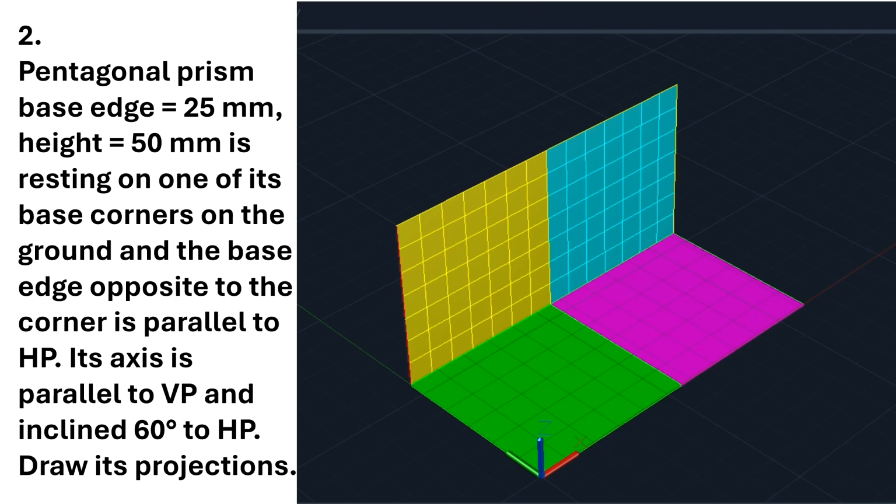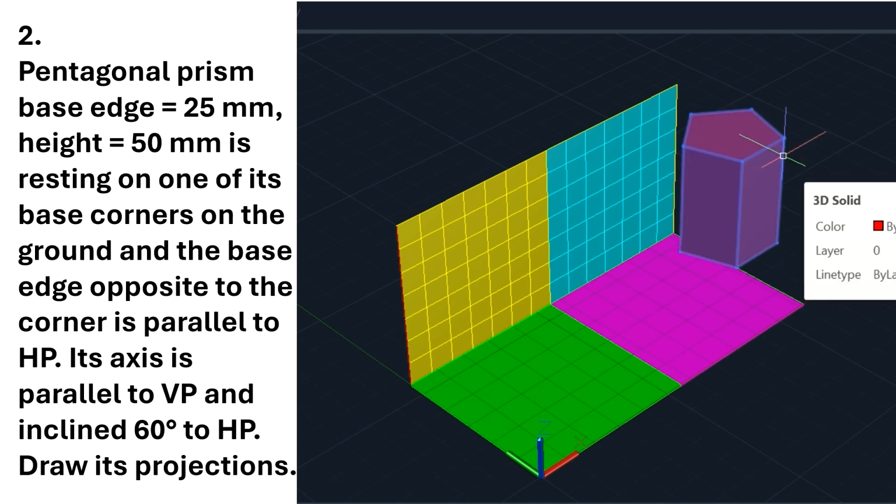So first to draw a pentagonal prism, I need to take a pentagon, polygon. Number of sides are 5. So draw the prism here like this. So the base edge is given as 25 mm and the height is given as 50 mm.